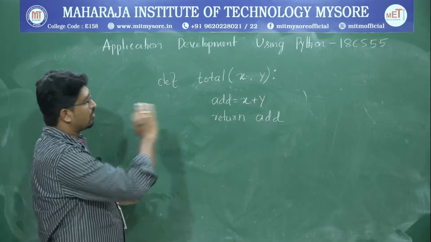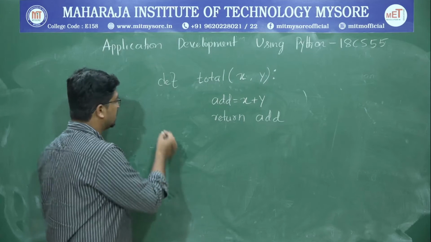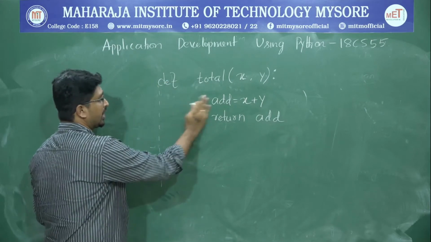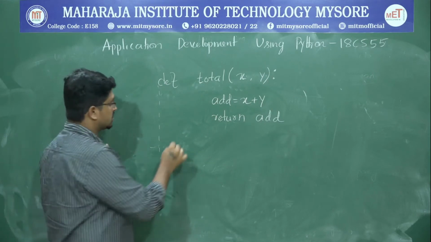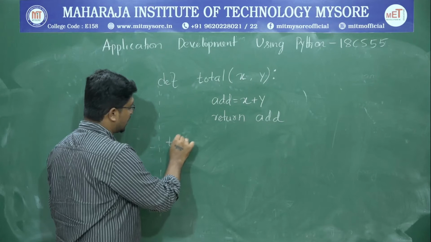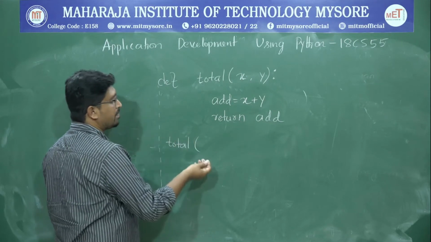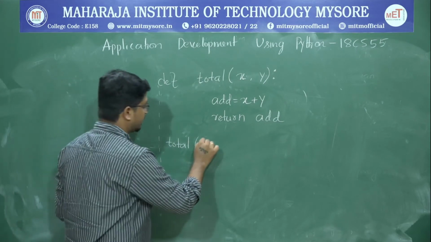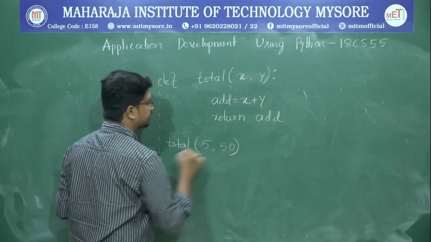So once the function body is ready, now I am calling the function. How to call the function? The syntax, again, indentation is the same. Here I have provided some indentation. I am going to execute two statements. Then I am saying total of, let us say, you can pass a variable or directly numbers. Let us say I will add 5 comma 50.